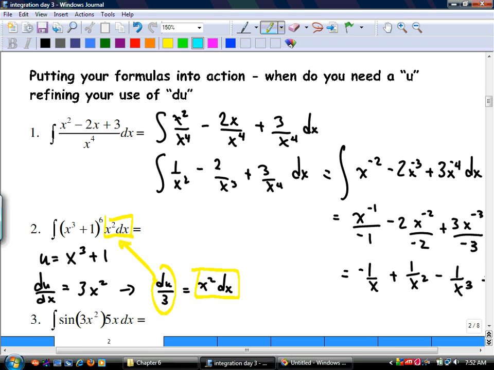And for the other one, I'm taking this out and putting that in. So the antiderivative becomes u to the 6 times du over 3. Perfect.